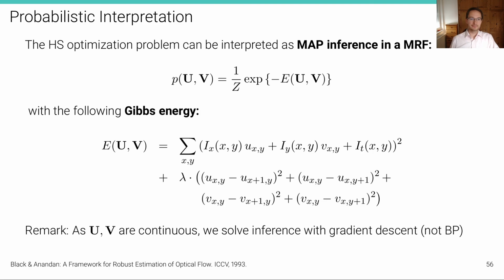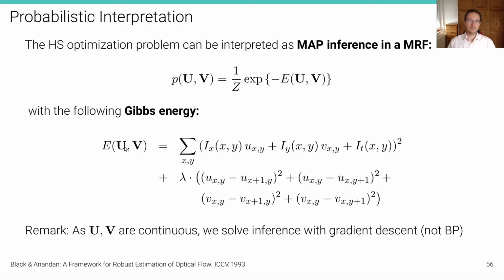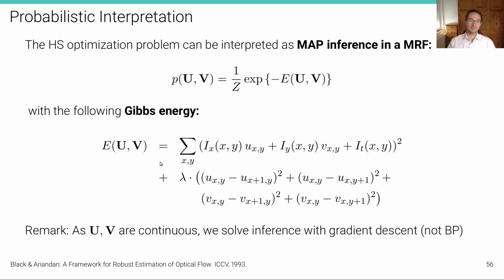Now, this Gibbs energy leads to the relationship of this energy function, these quadratic penalties, to the distribution that is implied by that, because this Gibbs energy has a corresponding Gibbs distribution. If we take this Gibbs energy and plug it in here, because we have exp of minus this, the summation turns into a product.